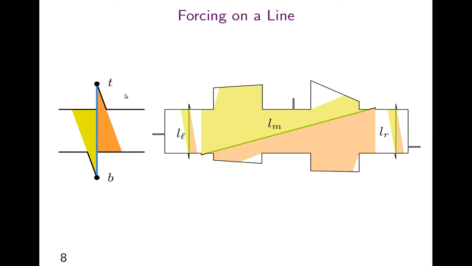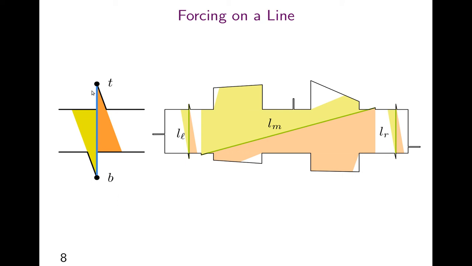Okay, so the first tool, which is already kind of standard: we can force a guard to lie on a line. How do we do this? We create this pocket here such that in order to see this point B, we need to be somewhere in this triangle region, and in order to see this point T, we put another pocket here, we need to be somewhere in this triangular region.